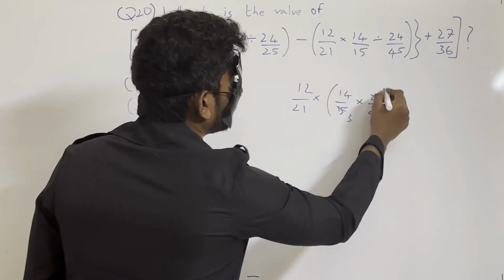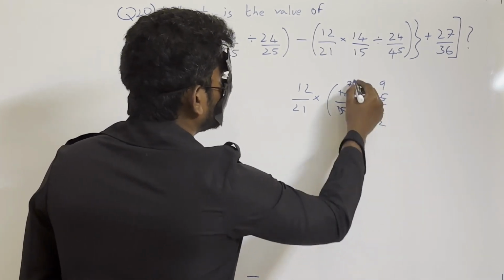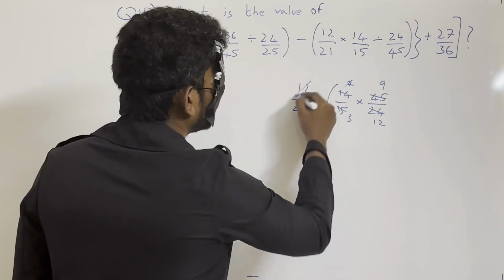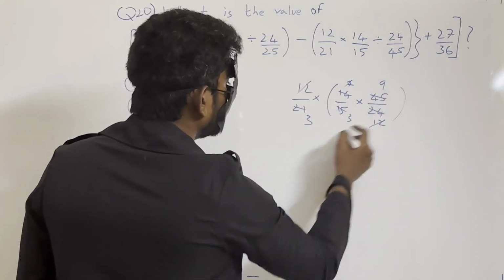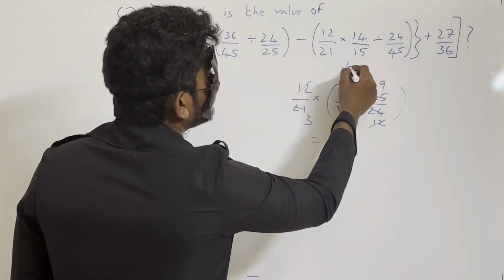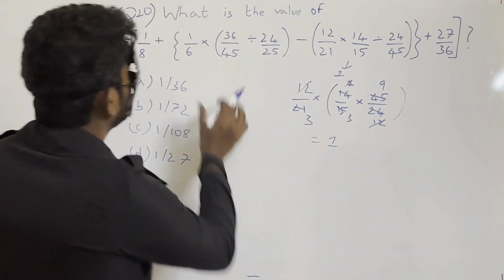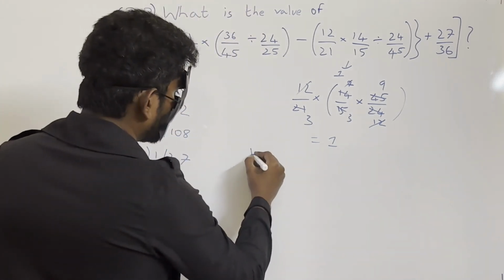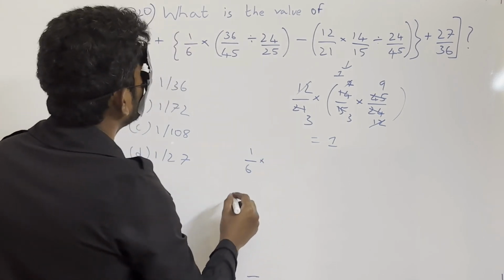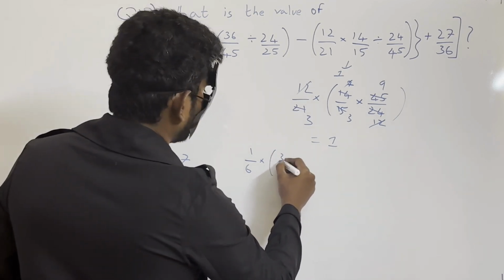5 3s are, 5 9s are, 2 7s are, 2 12s are, 7 1s are, 7 3s are, 12 will get cancelled, 9 and 9. So this part, this inner bracket will be 1. Now let's solve this part. It is nothing but 1 by 6 into 36 by 45.